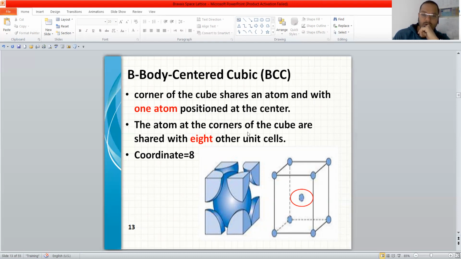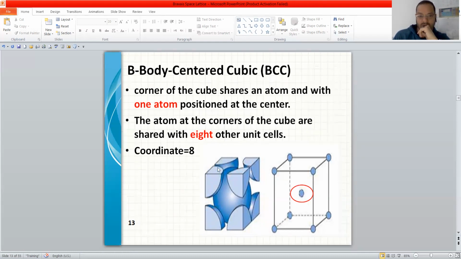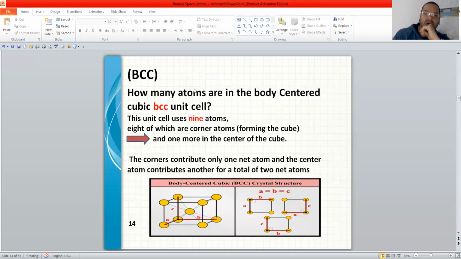The atoms at the corners of the cube are shared with 8 other unit cells. The coordination number here equals 8. Now, how many atoms are in the body-centered cubic? The unit cell uses 9 atoms, 8 of which are corner atoms forming the structure of the cube, and 1 more in the center of the cube.